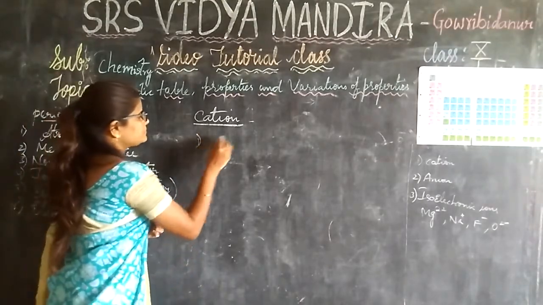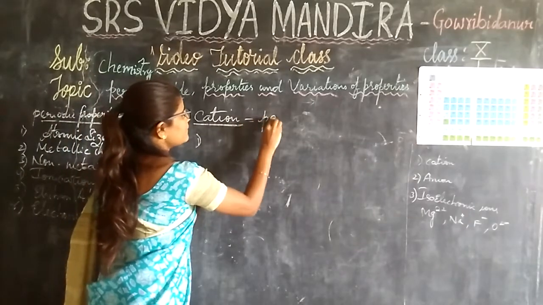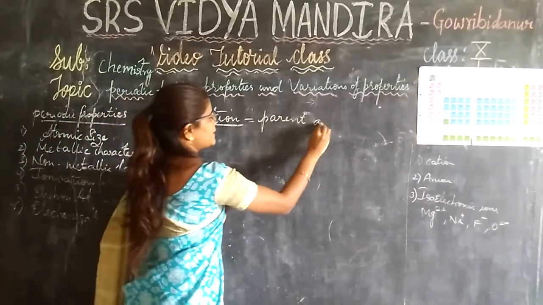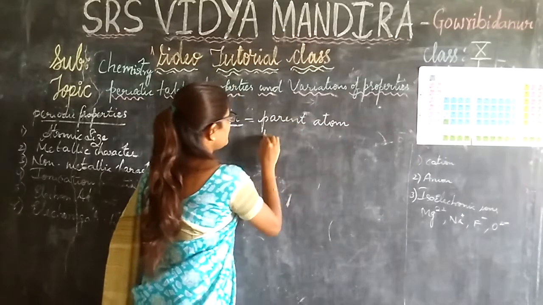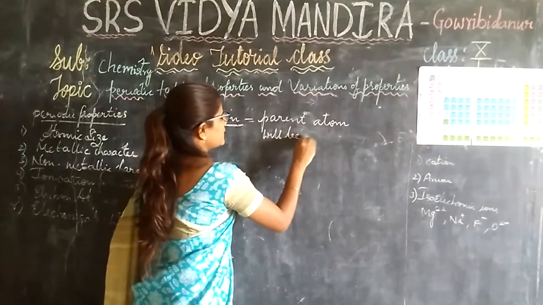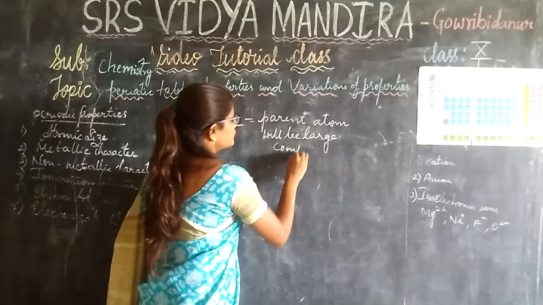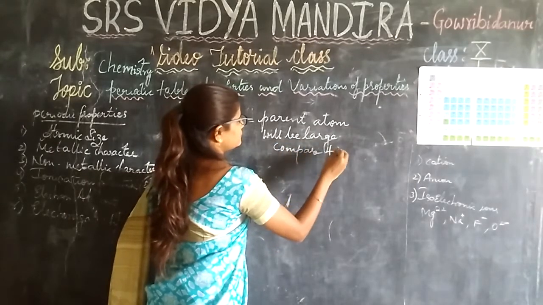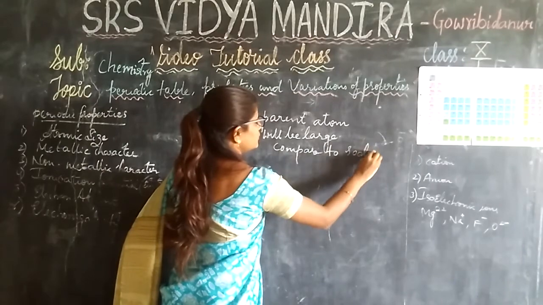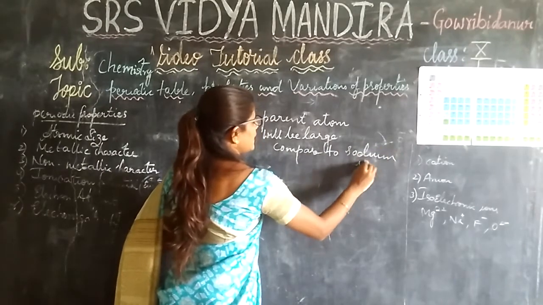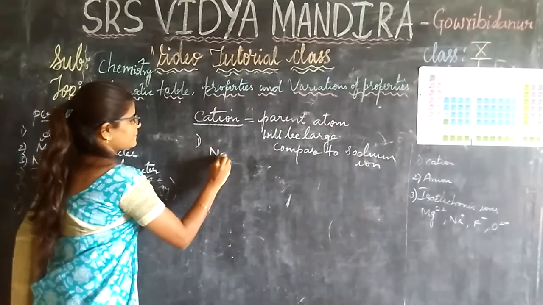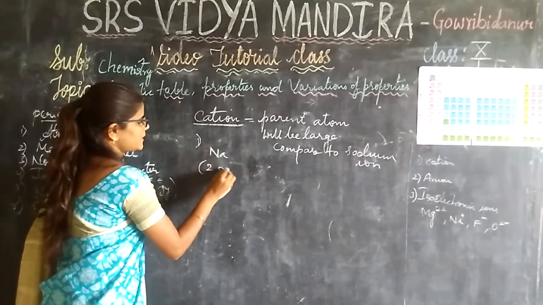Example, the parent atom will be large compared to the sodium ion. Example, you take Na, which has electrons 2, 8, 1.